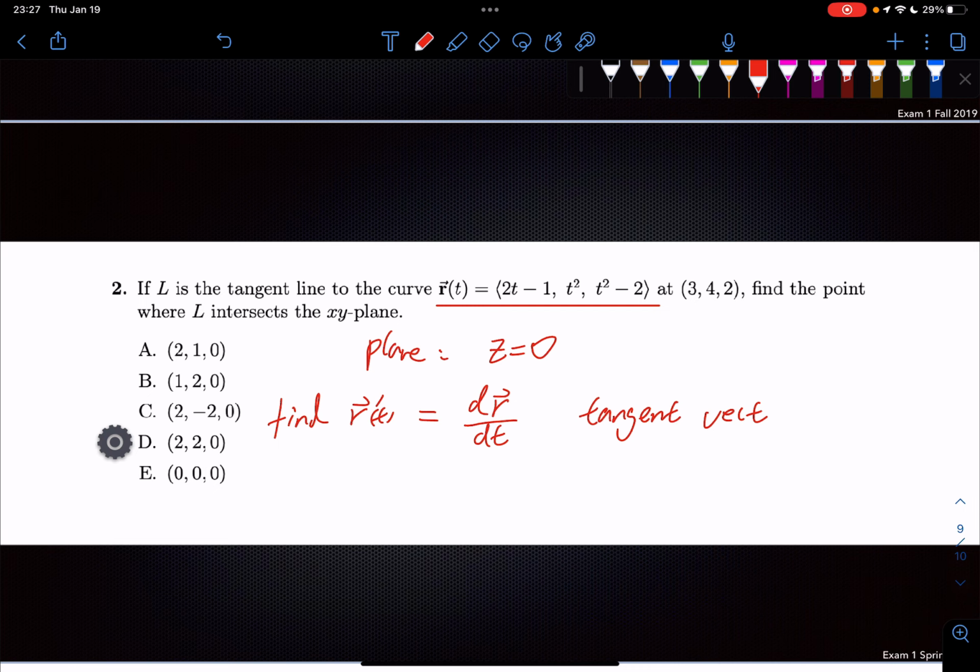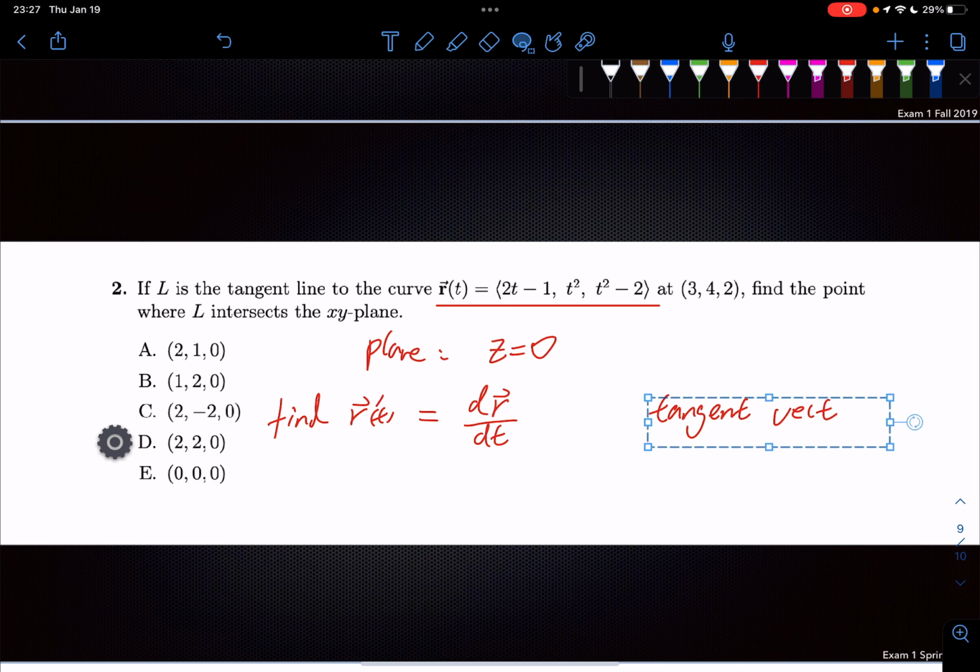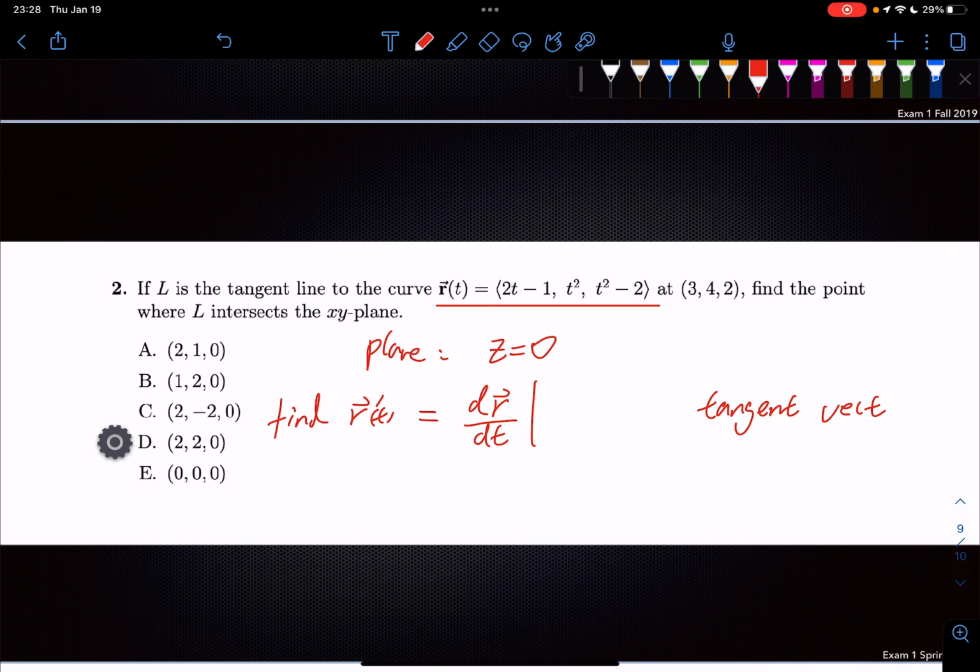Because we're looking for a tangent line, the tangent vector is the vector pointing along the tangent line. And the question also happens to give us a point, so this point is on the line.